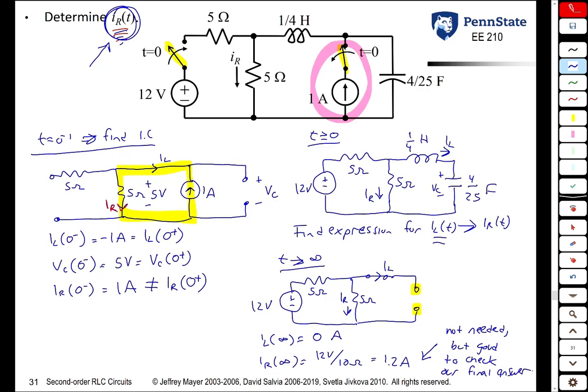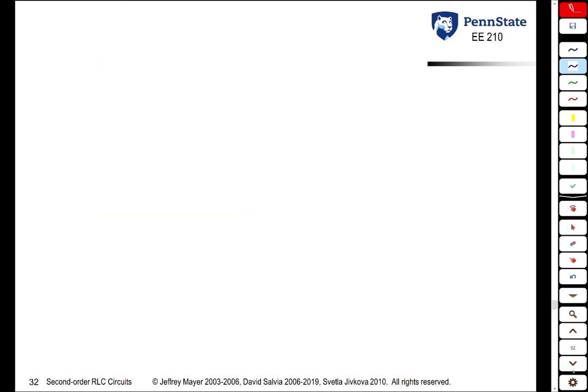The next thing we need to do is to find the form of the solution. So we'll do that on this page. To find the form of the solution, what we need is our characteristic polynomial, which we get from our differential equation, which we get from our canonical result.